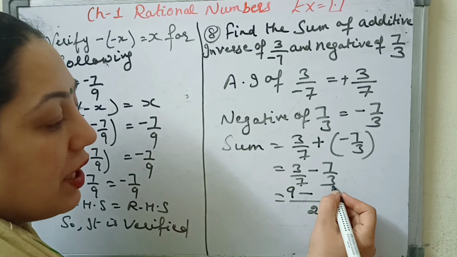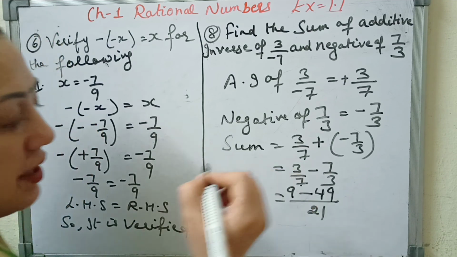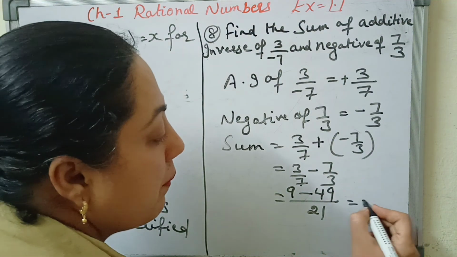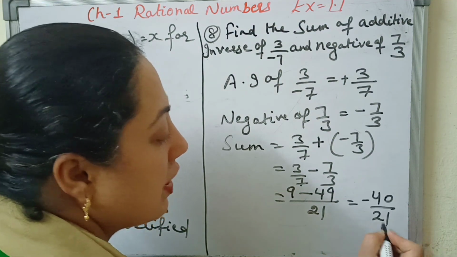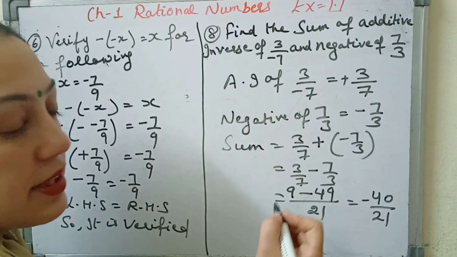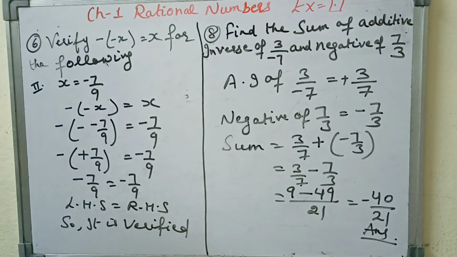Again 21 when divided by 3, we will get 7. And 7 7s are 49. 49 minus 9, we will get 40 over 21, with the sign of the greatest term, that is of the 49, which is a negative term. So the answer is minus 40 over 21.